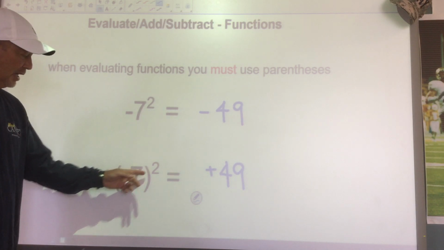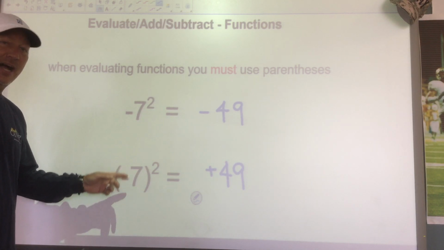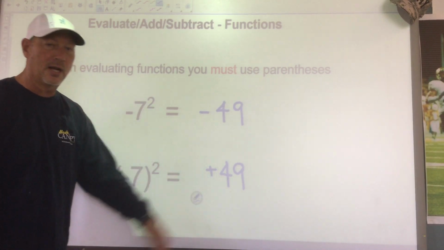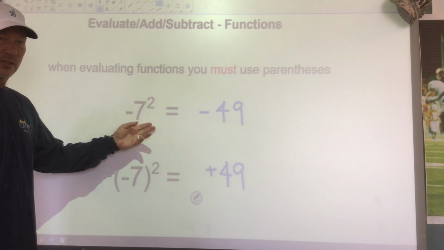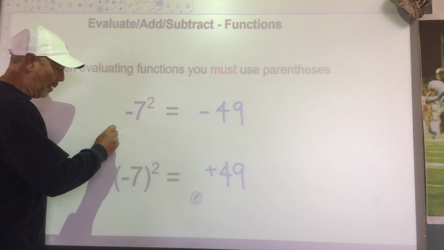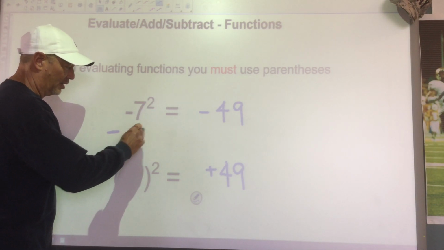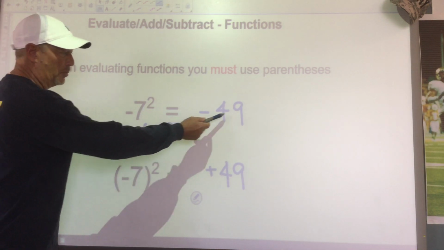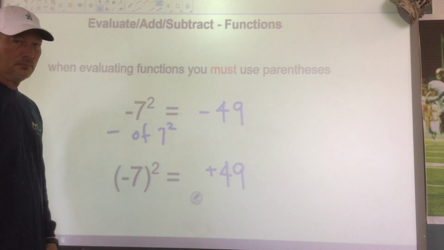Because this says -7 times -7, and a negative times a negative will give us the +49. This does not treat it this way. This treats this as, I want the opposite of 7 squared. And the opposite of 7 squared would be -49.